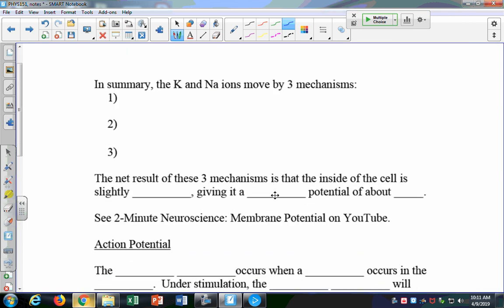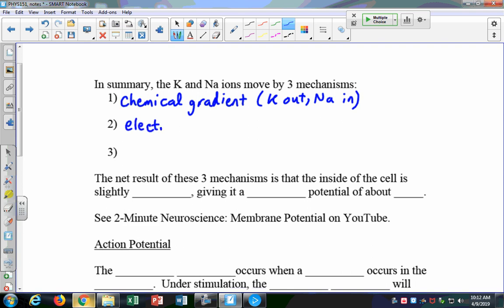Okay, so in summary, the sodium and potassium ions move by three mechanisms. There is a chemical gradient, and what that's going to do is move potassiums out and sodiums in. There's an electrical gradient, and that's going to move potassiums in and sodiums out.